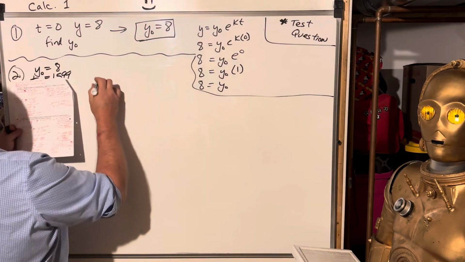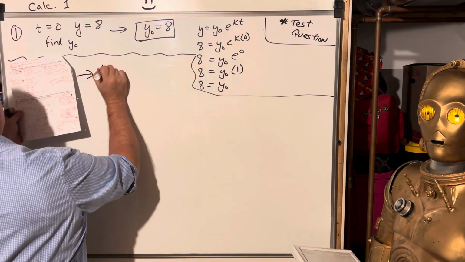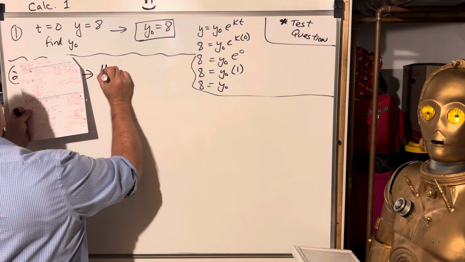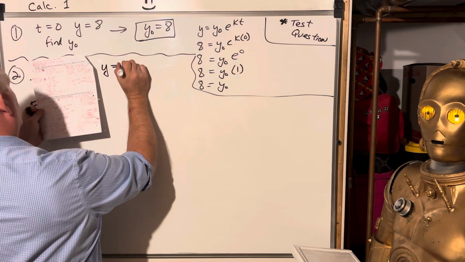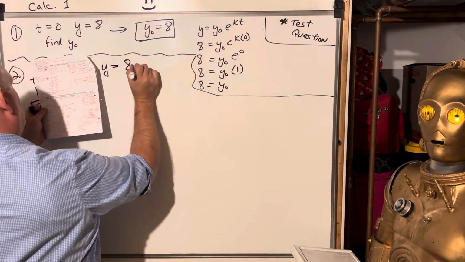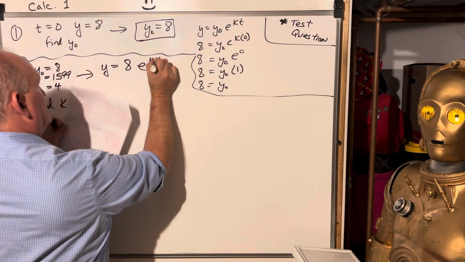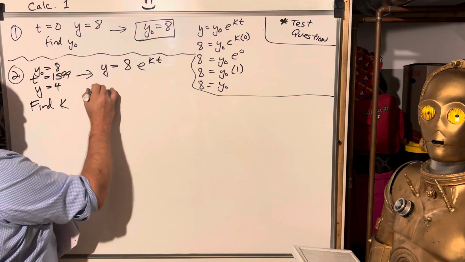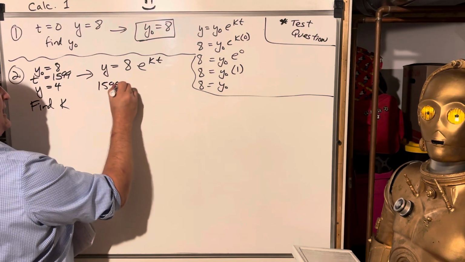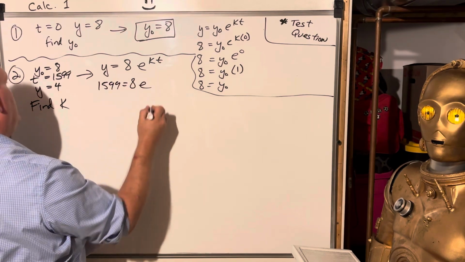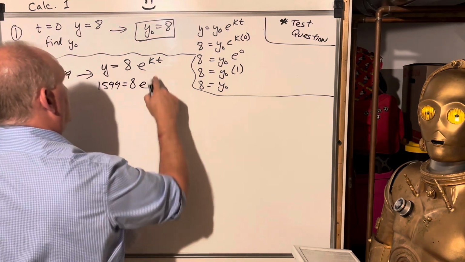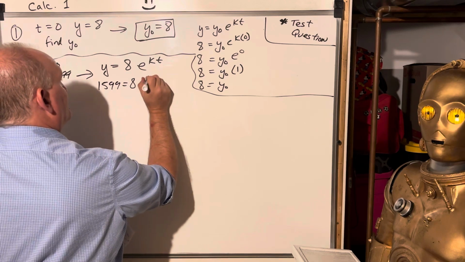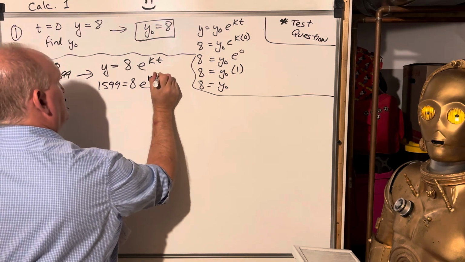So now we're going to do the same thing as we did before. Y equals, we got the 8, e to the kt, and now we got the 8. We're going to put in the 1599 equals 8e to the kt.